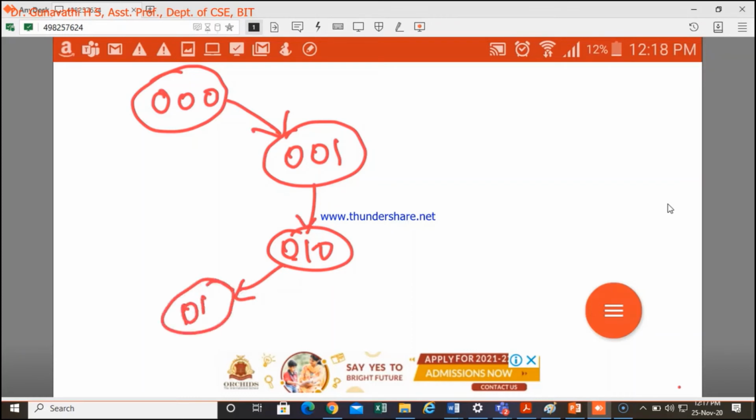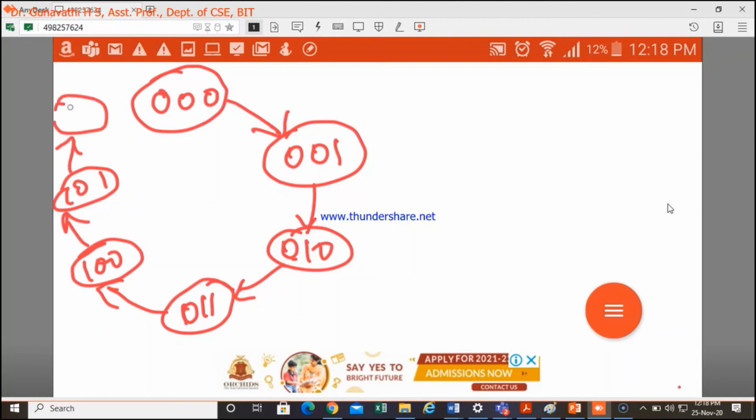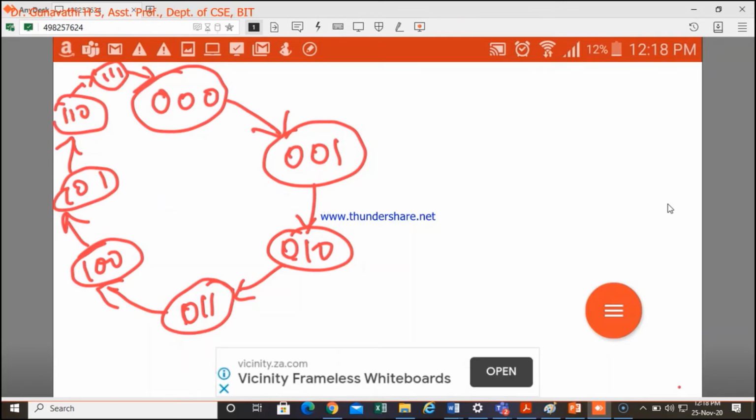I sequentially do the counting. Then you can design it easily. So it just follows the sequence 0, 1, 2, 3, 4, 5, 6, 7 and 0. So it keeps counting.